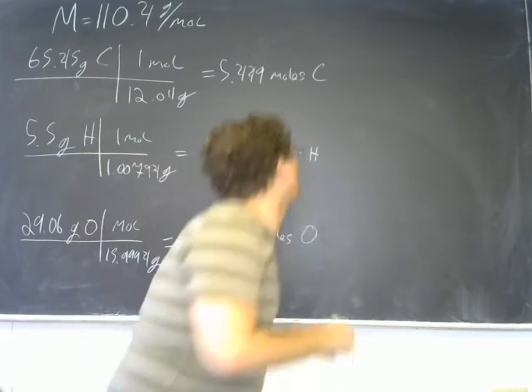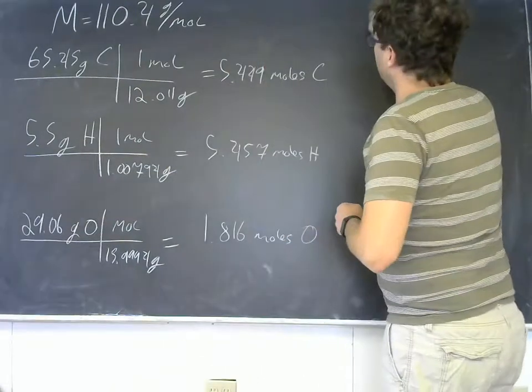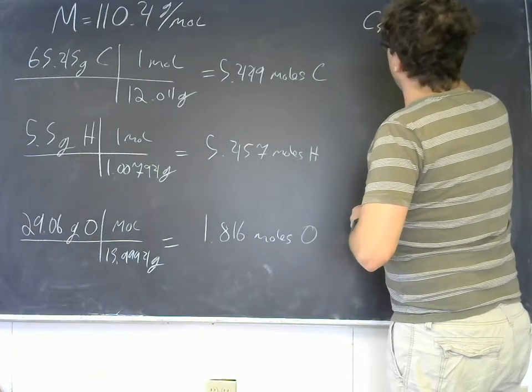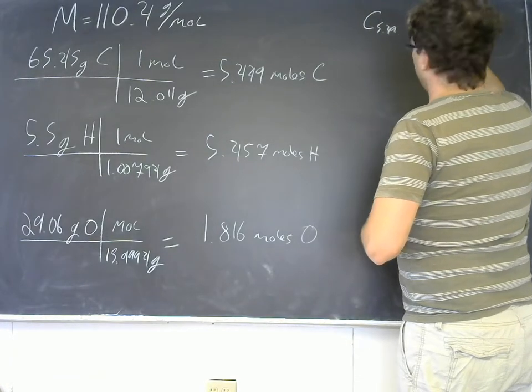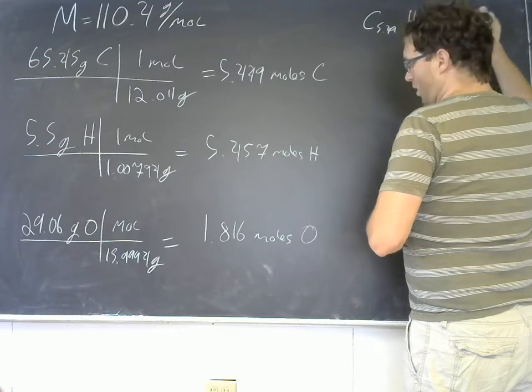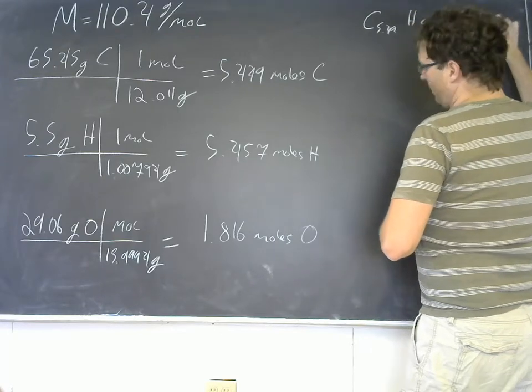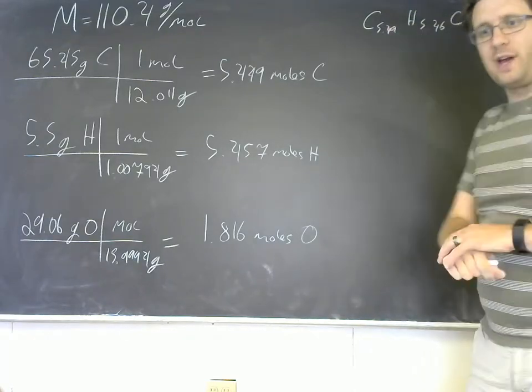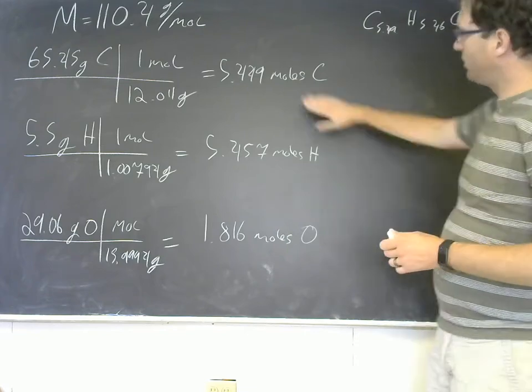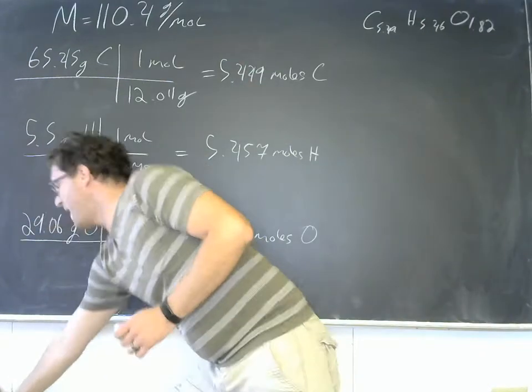So we could write a formula of C5.49 H5.46 O1.82, but you've never seen a formula like that before. What we really want to do is reduce these ratios mathematically.